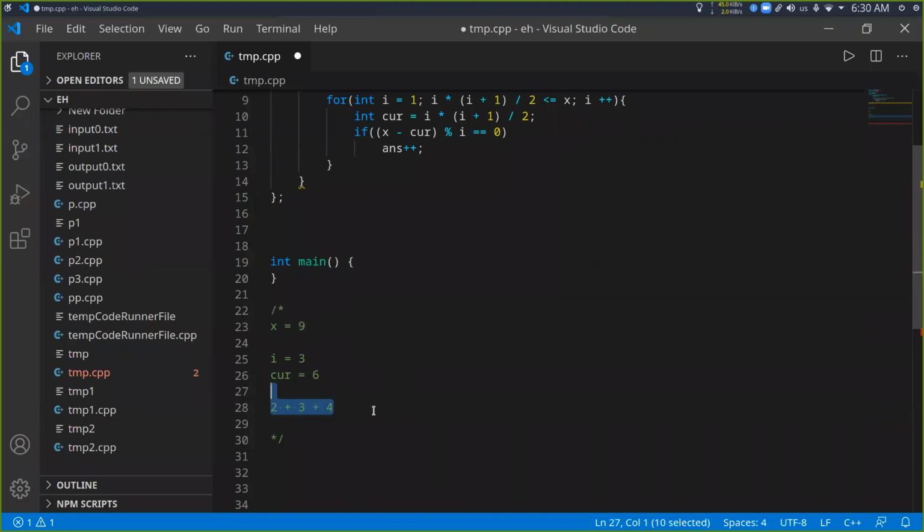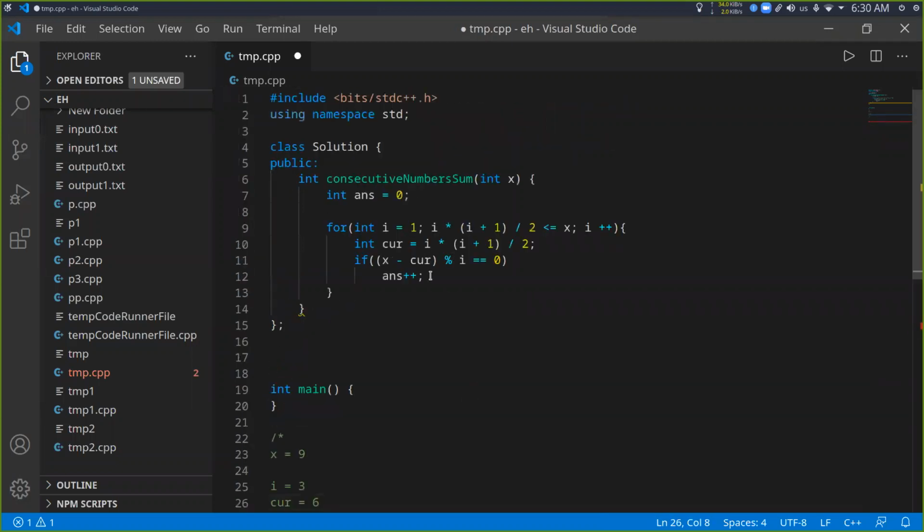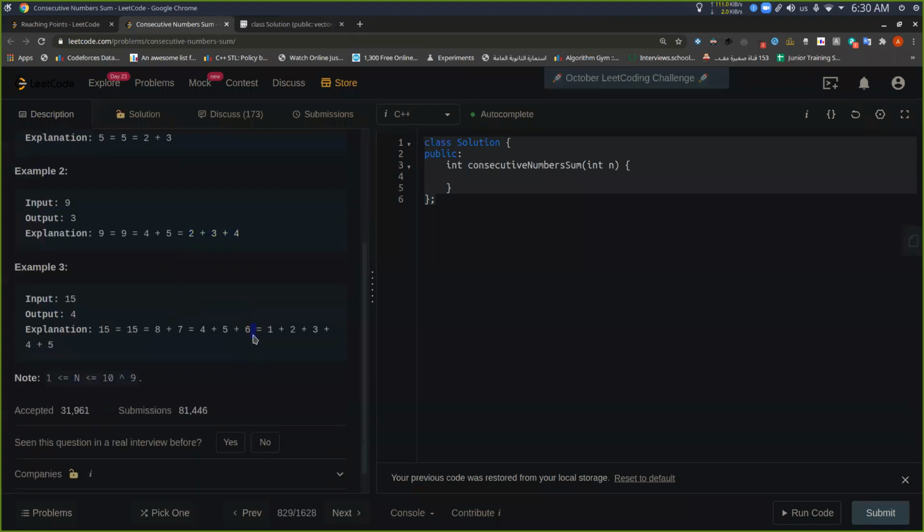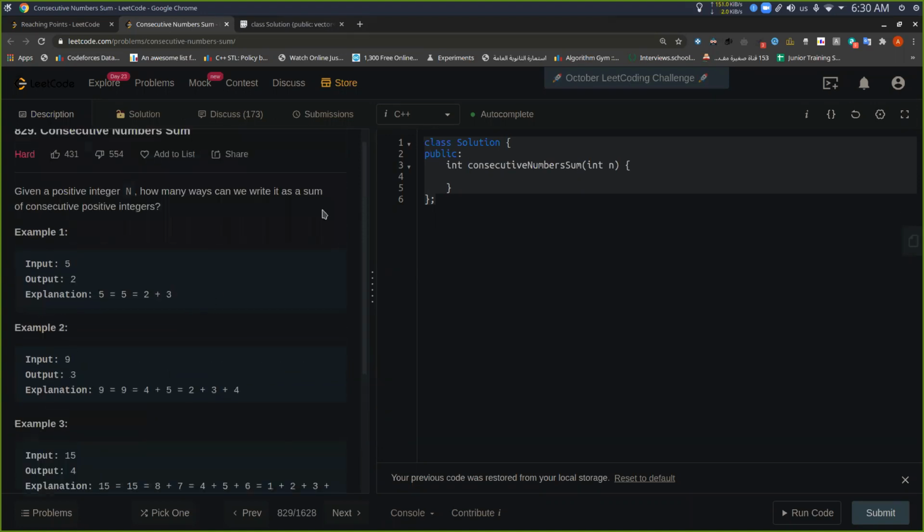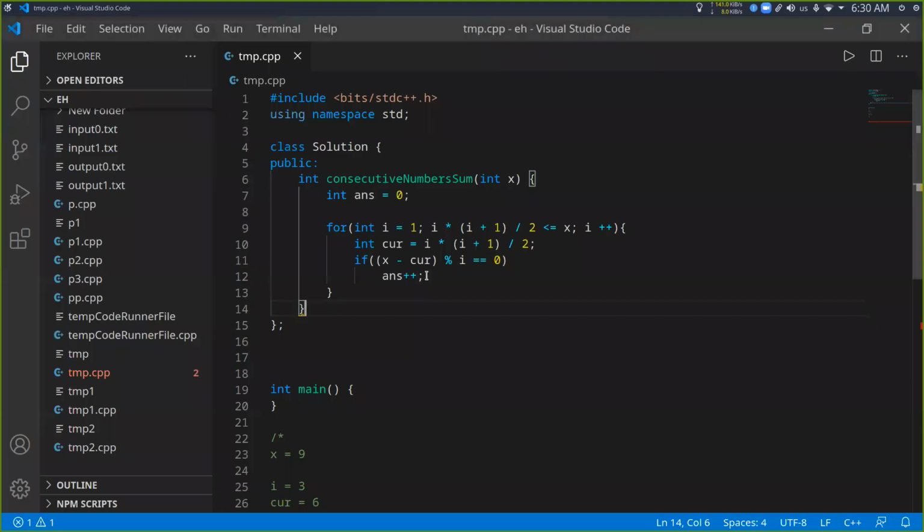But if at some point the difference is not divisible by I, then I cannot distribute this value over these consecutive integers, right? So for this simple loop, I just got all the possible ways by checking if I can take the consecutive numbers starting from 1 and then adding to them the difference between x and current.